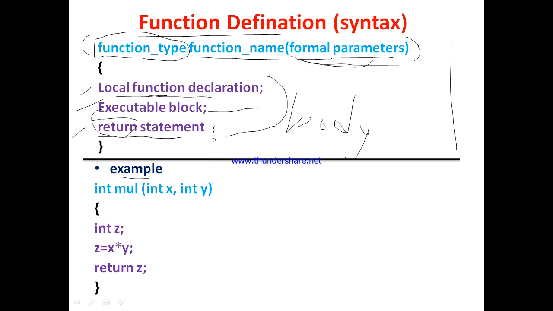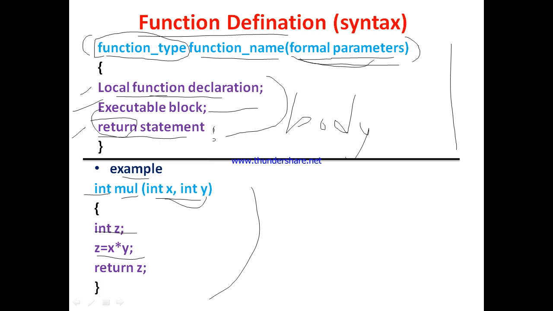Now let us see the example. If we compare this function example with the function definition, we can understand that int is the function type, mul is the function name, and int x and int y are the formal parameters which accept the input from the program. Here int z: z stores the multiplication of x and y.